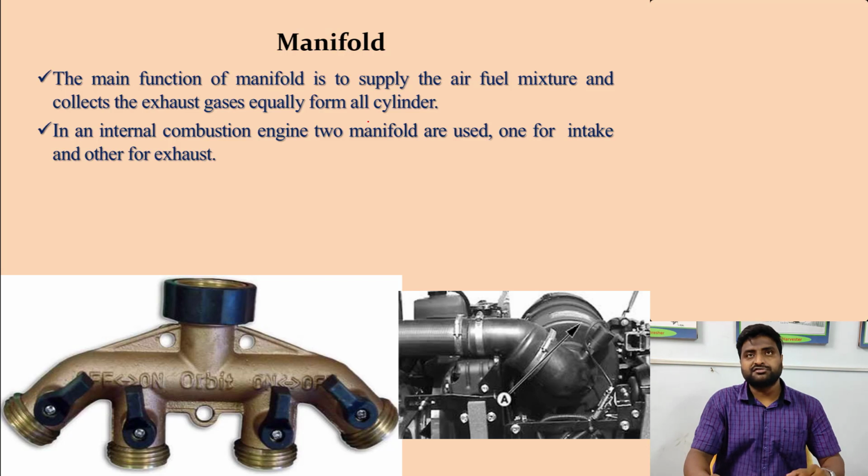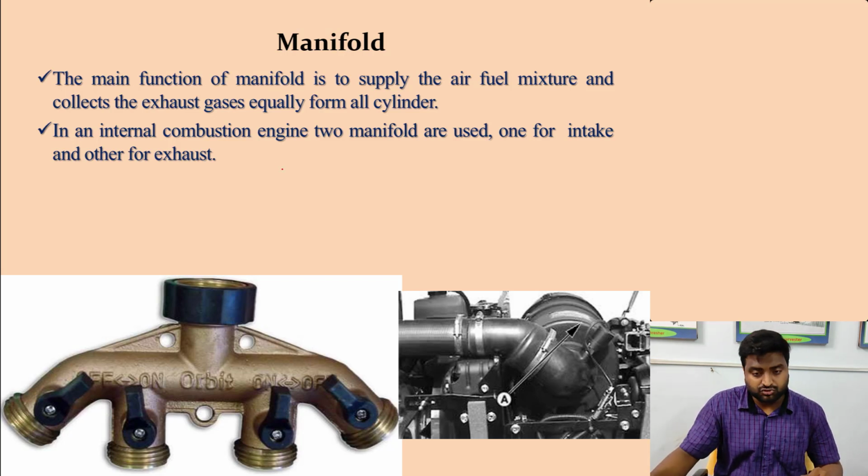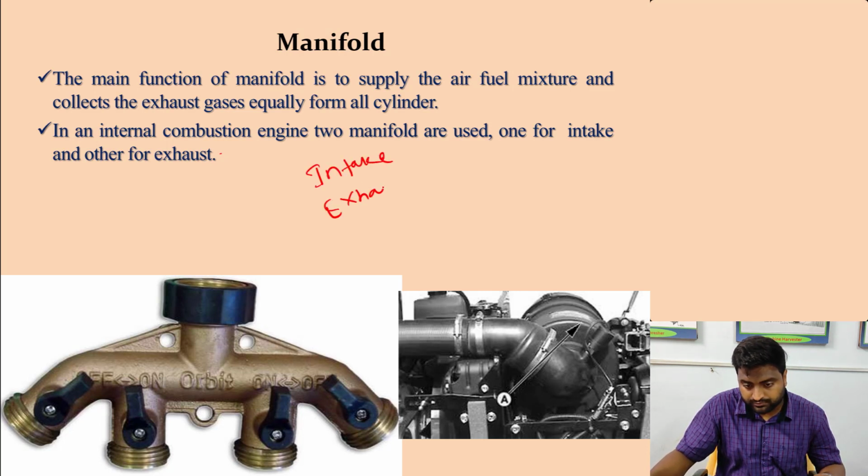Okay. And then comes the manifold. The last thing is known as the manifold. Manifolds are of two types. What are those? One is the intake manifold, and one is the exhaust manifold. What is the intake manifold?